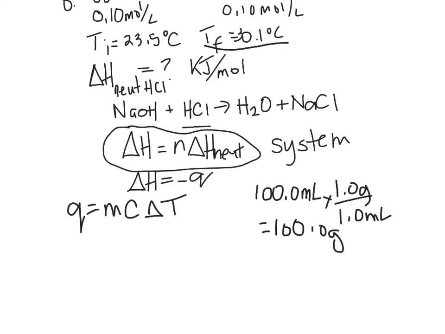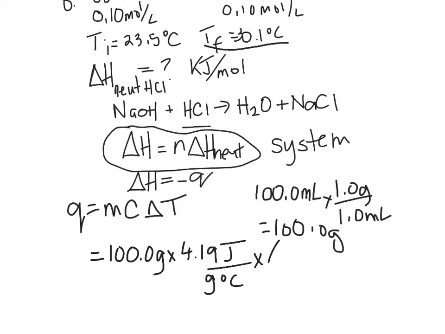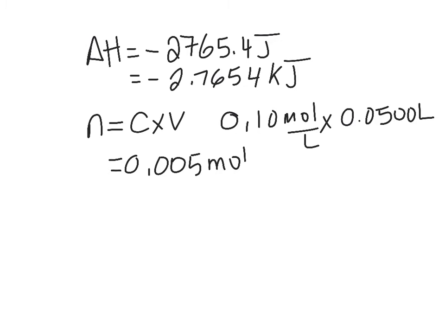And now 100 times 4.19 joule per gram degrees Celsius times 30.1 minus 23.5 degrees Celsius. So somebody with a we've got 0.005 moles of acid.